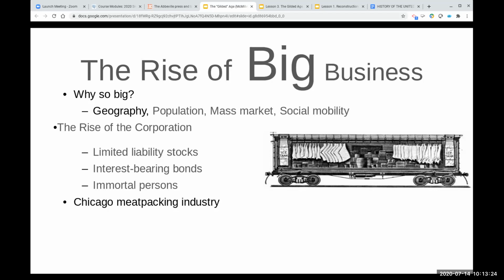Why that's important is because the 14th Amendment, which we talked about, says all persons have equal protection of the laws. Well, it says persons because it also applies to corporations, which are immortal persons.